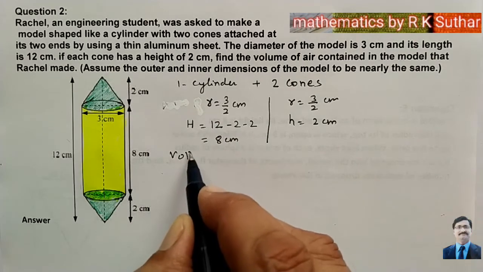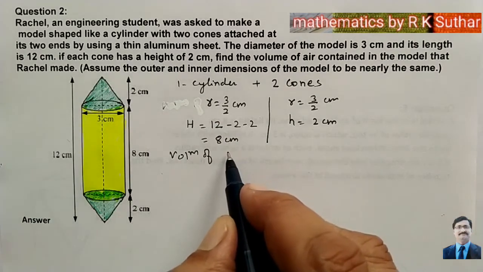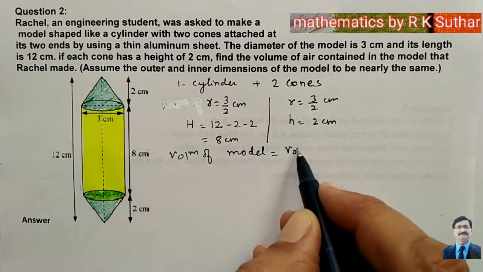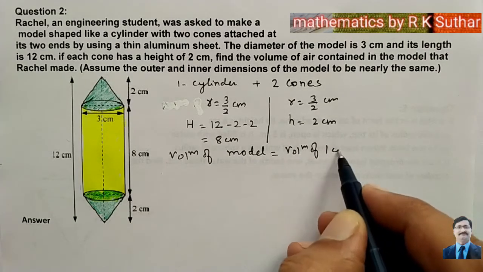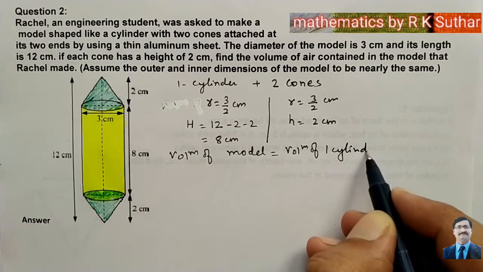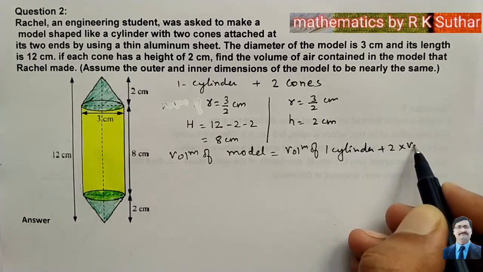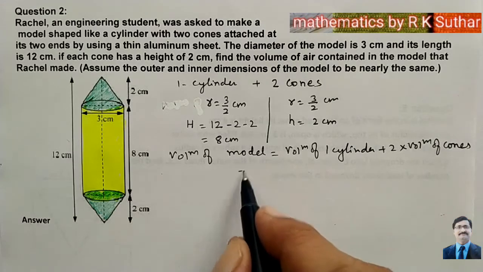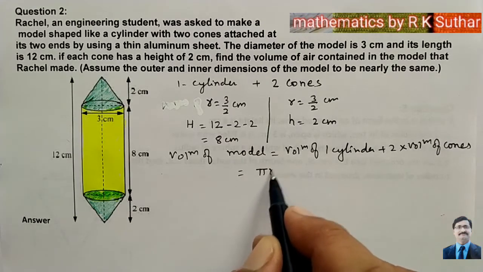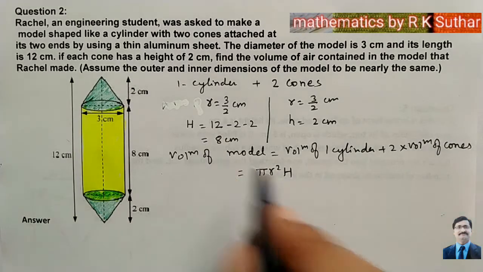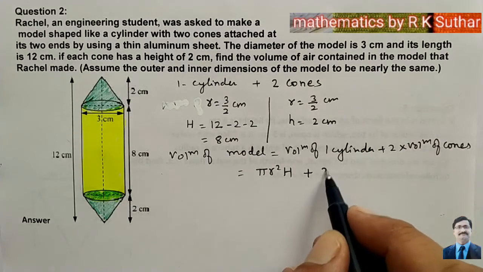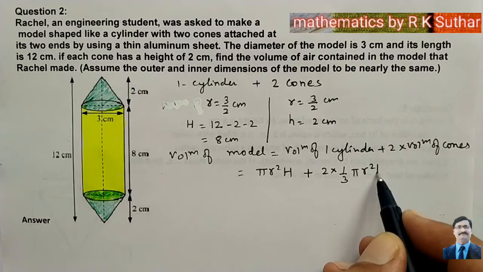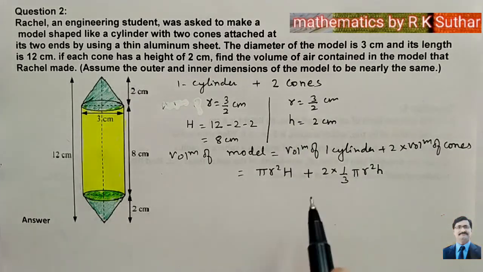Now we have to find the volume of model, equal to volume of cylinder plus 2 into volume of cone. Volume of cylinder is pi r square, and we write capital H because the height is different. 2 into volume of cone is 1 upon 3 pi r square, and small h we write here.